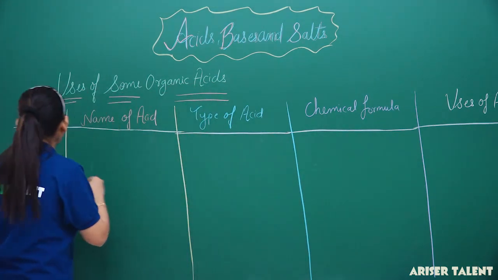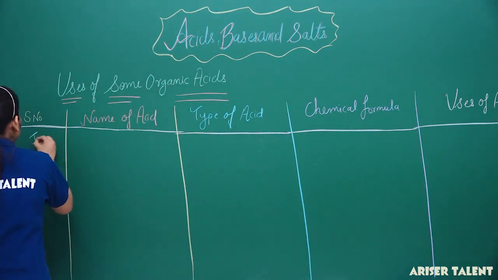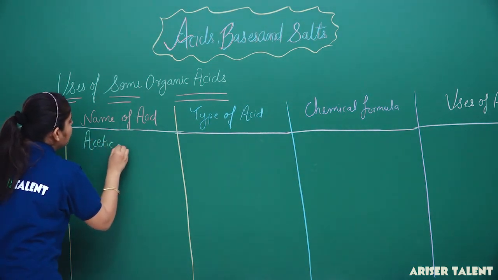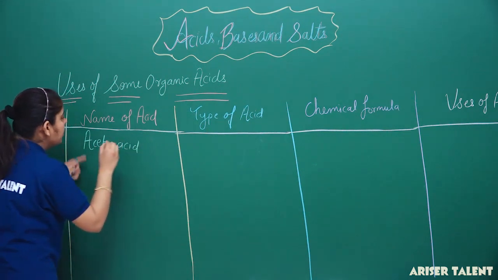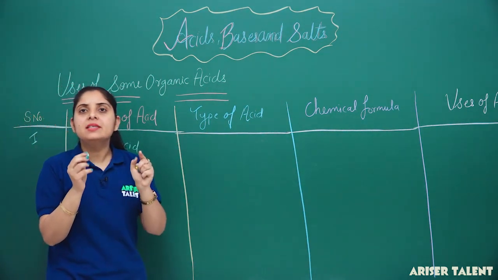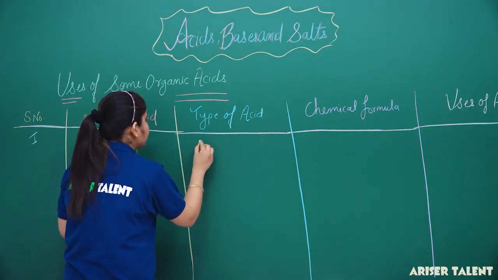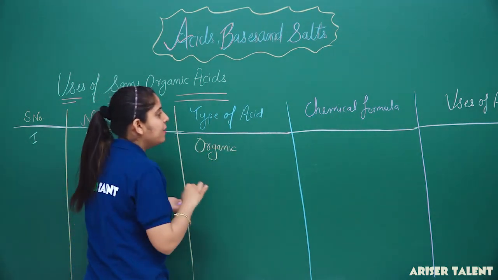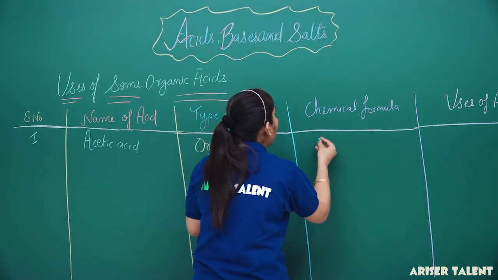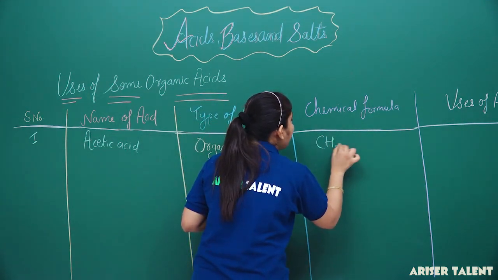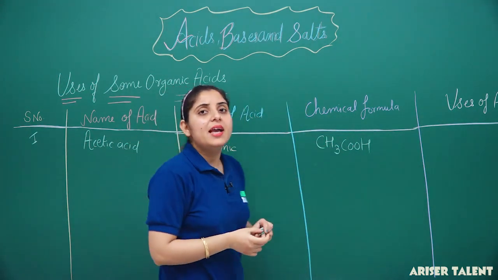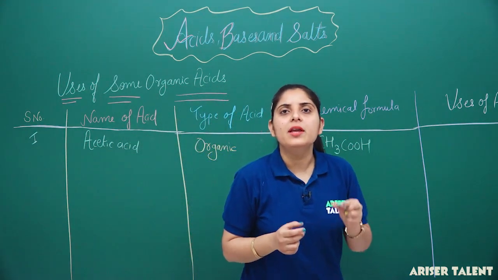So the name of the acid is acetic acid. And what will be its type? It is an organic acid. Its chemical formula will be CH3COOH.